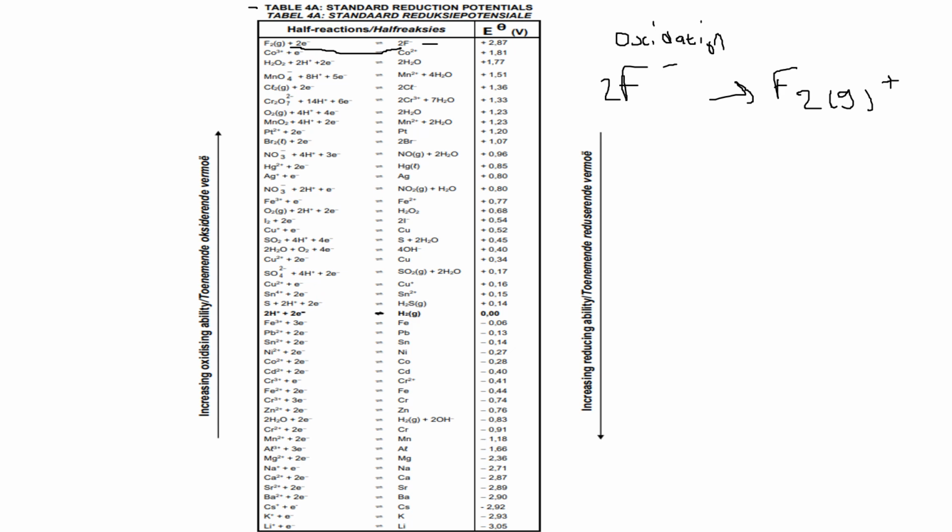This reaction will be what we call an oxidation half reaction. The one given here will be the reduction half reaction. If fluorine is undergoing reduction, your reaction will be written as given, but with one arrow. If fluorine is undergoing oxidation, that will be your half reaction. So just reverse it for oxidation.